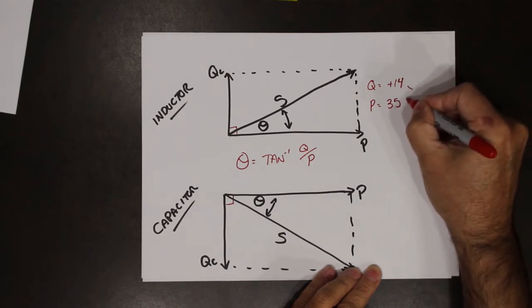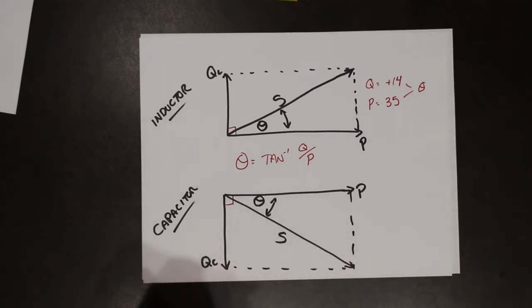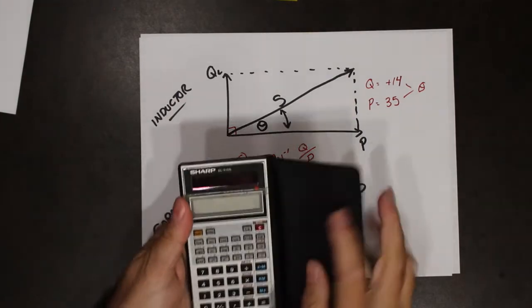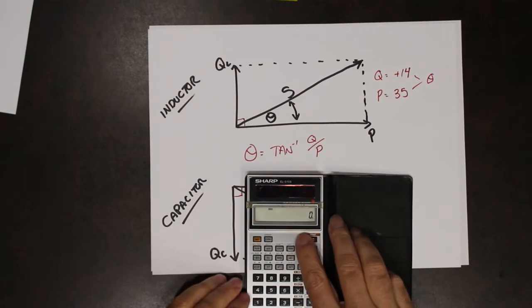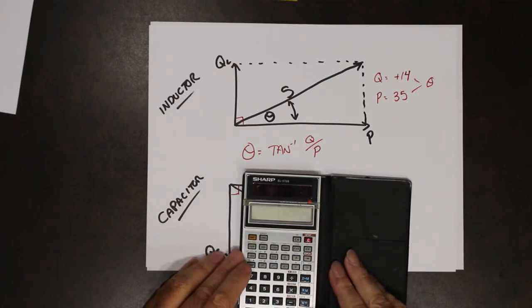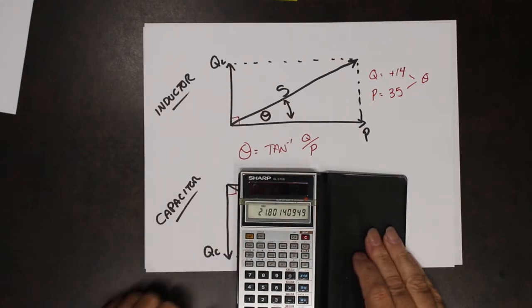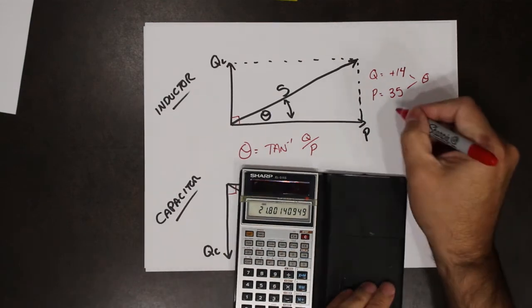Therefore, what is the phase angle? So if we go to our trusty calculator, 14 divided by 35 equals, and tan minus 1, so that is a phase angle of positive 21.8 degrees.